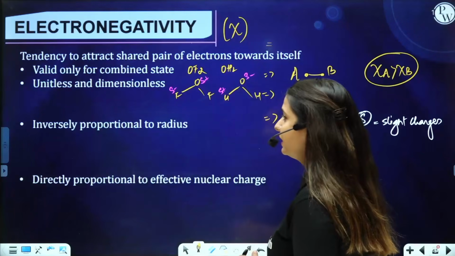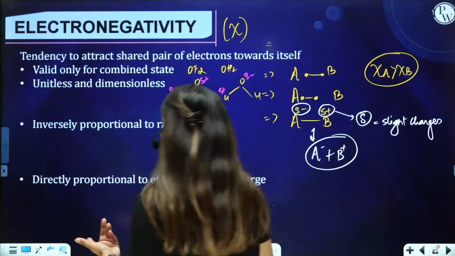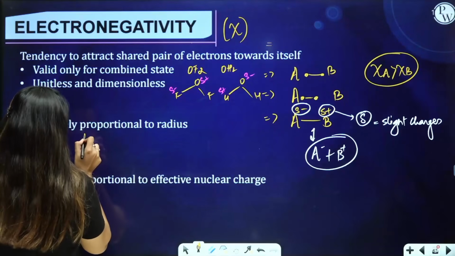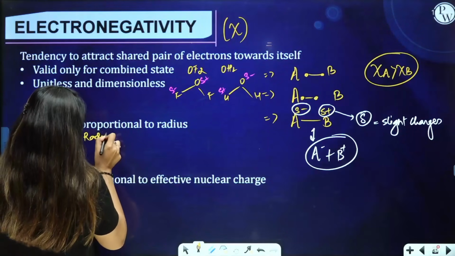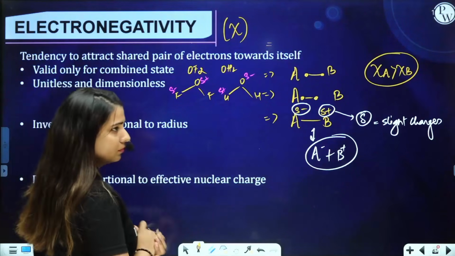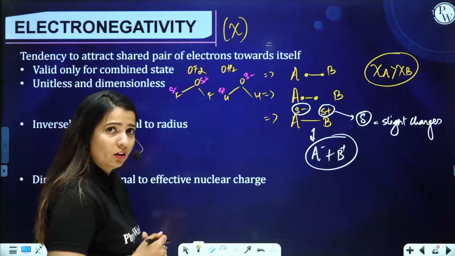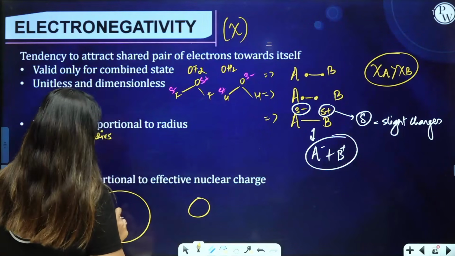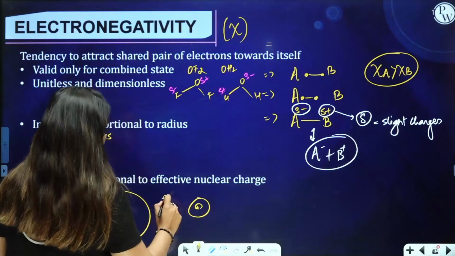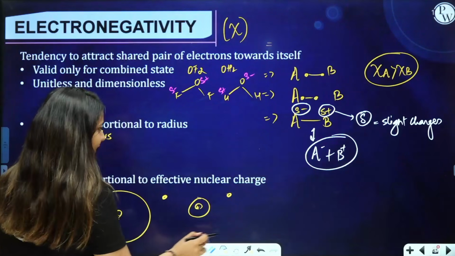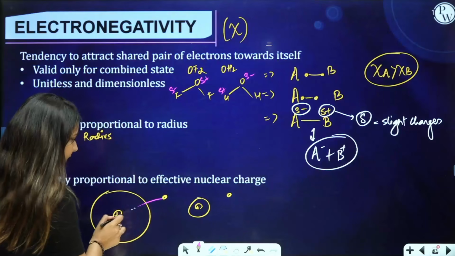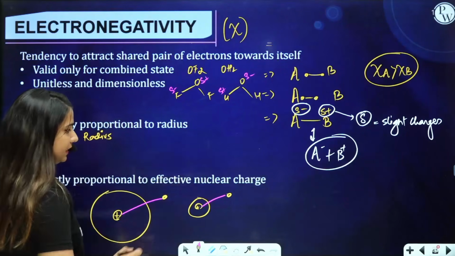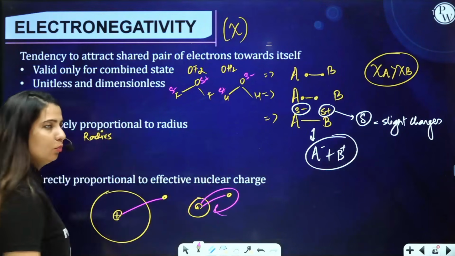Okay, it is inversely proportional to the radius, very true. If you have a bigger size, why will you accept electrons? Why will you have a tendency to attract that electron? You have a bigger size and a smaller size. This is your nucleus, this is your nucleus. Now this is the electron, this is the electron. Here the distance is more, here the distance is less. So the smaller one can attract this electron more effectively.